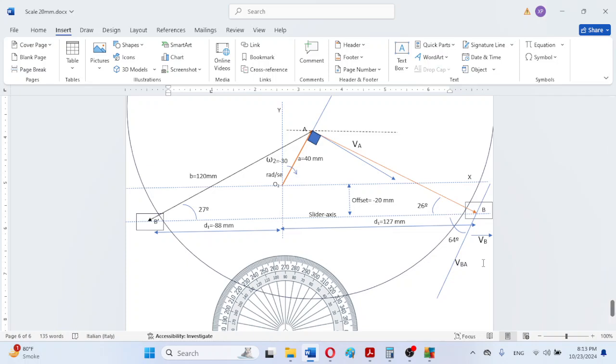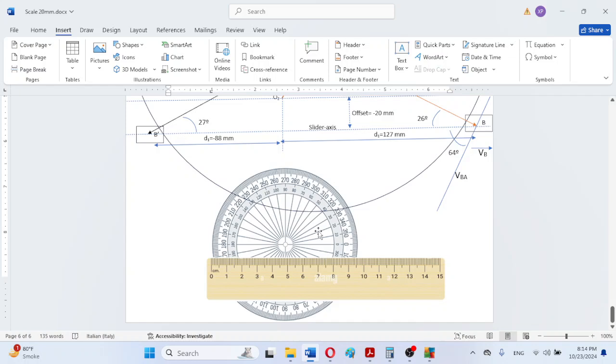Now we know the direction of rotation and the direction of translation of the slider B, and now we will be drawing the velocity diagram.